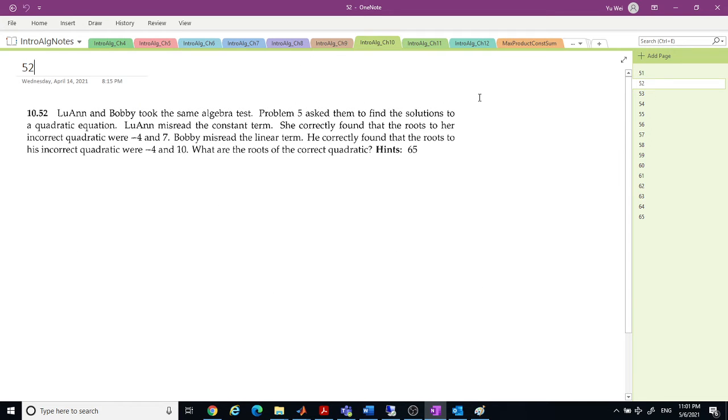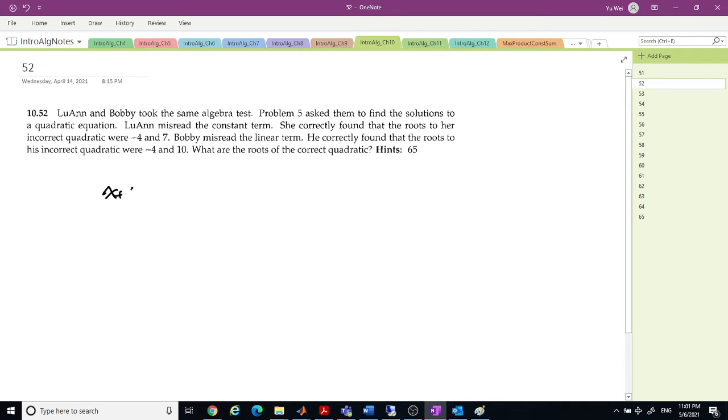Okay. So Luan and Bobby took the same algebra test. Problem 5 asked them to find the solutions to a quadratic equation, and Luan misread the constant term, and she found the roots were -4 and 7.